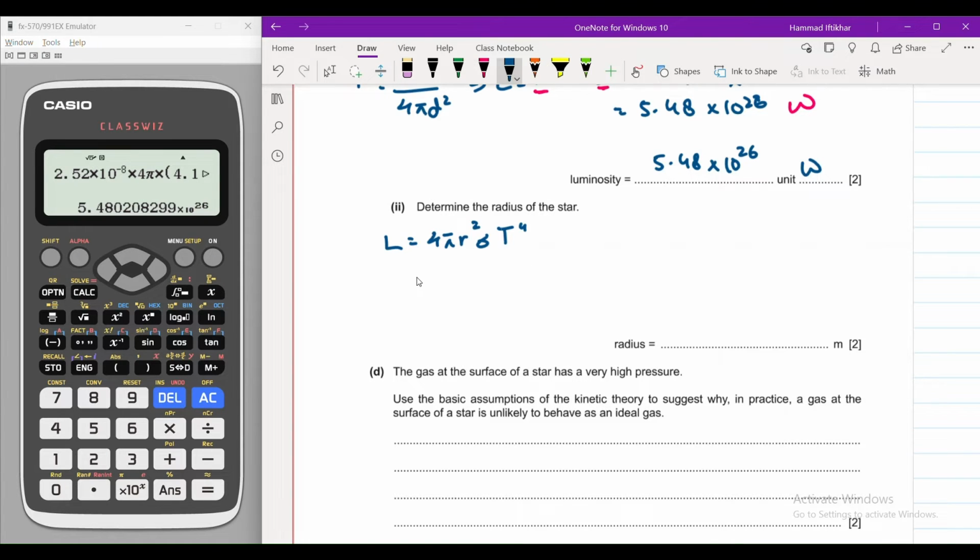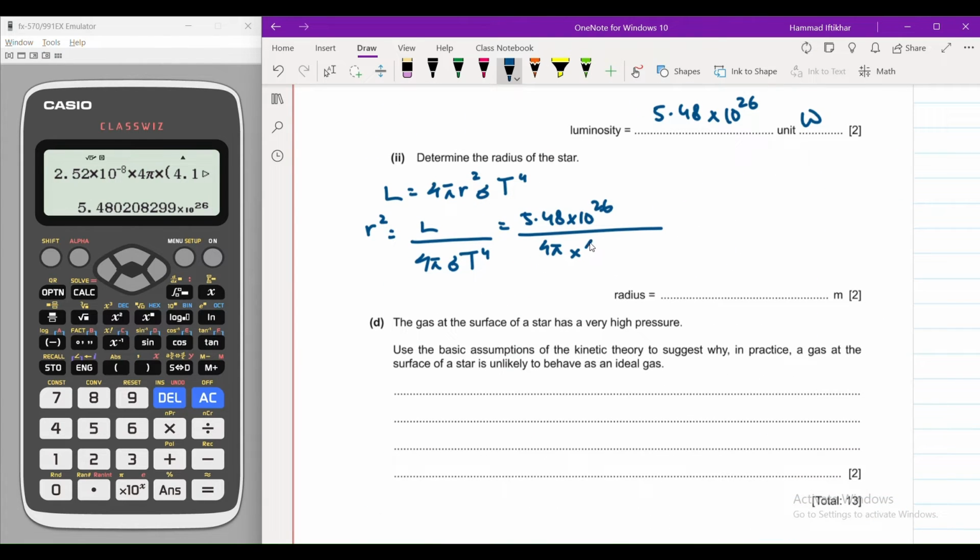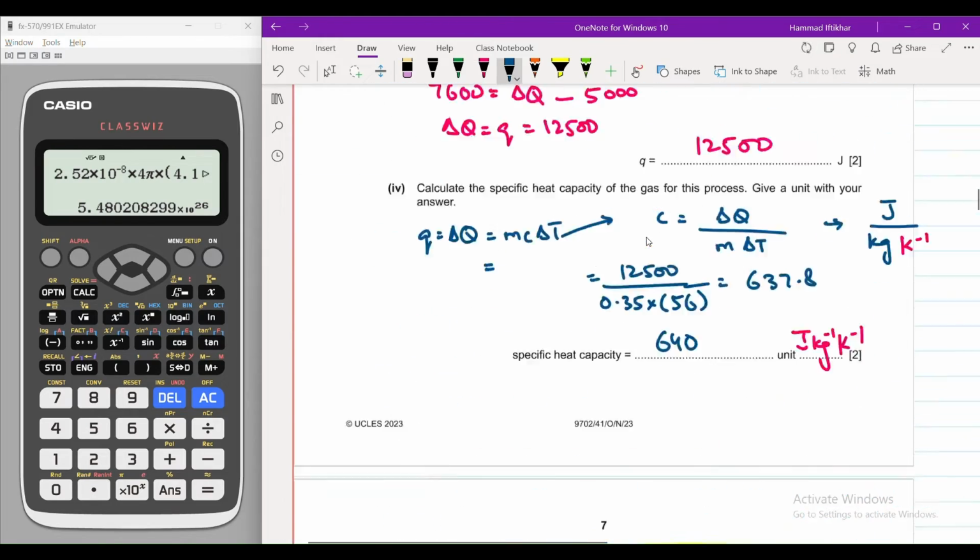We know the luminosity, we need the radius, so let's do r squared first. So L over 4 pi sigma T raised to power 4. Luminosity is 5.48 times 10 raised to power 26 divided by 4 pi. Temperature we figured out was 6,980 raised to power 4 times the Stefan-Boltzmann constant.